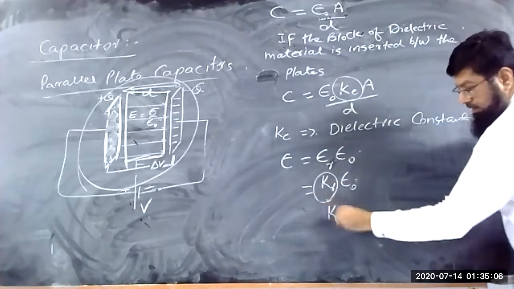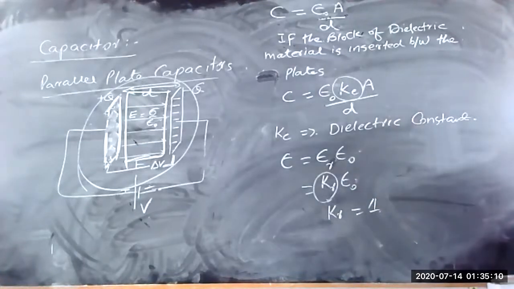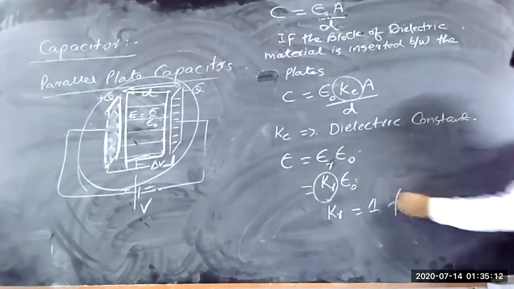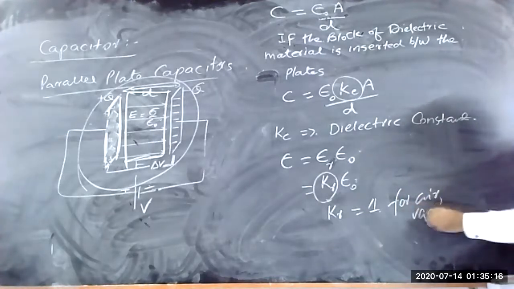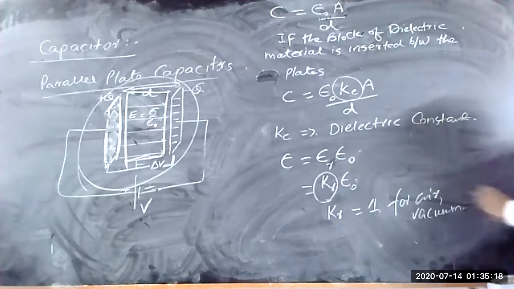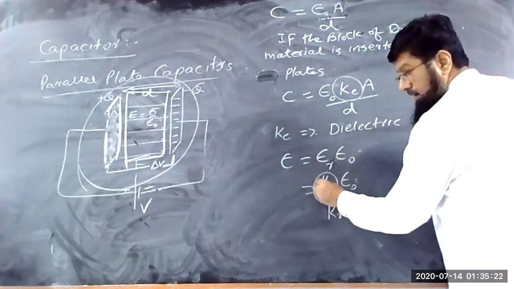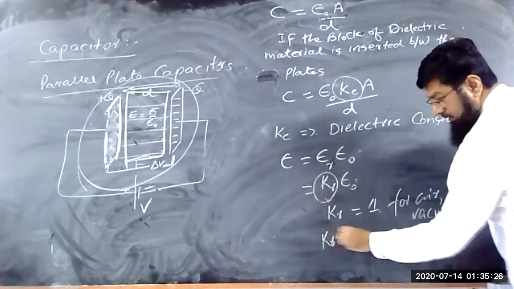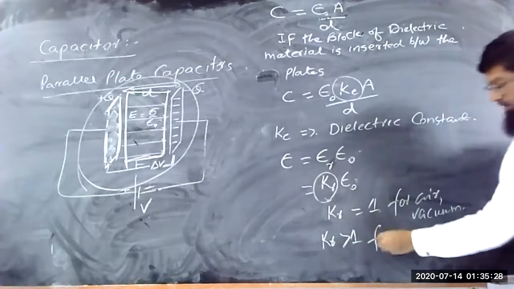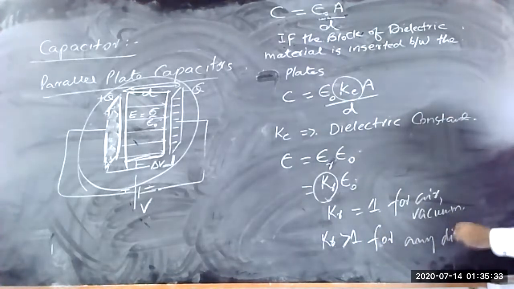K of R is equal to 1 for air and vacuum. लेकिन यहां पे अगर मीडियम एयर वैक्यूम नहीं है तो दिस के आर इज ग्रेटर देन 1 फॉर एनी डाइलेक्ट्रिक मीडियम, एनी अदर डाइलेक्ट्रिक मीडियम.